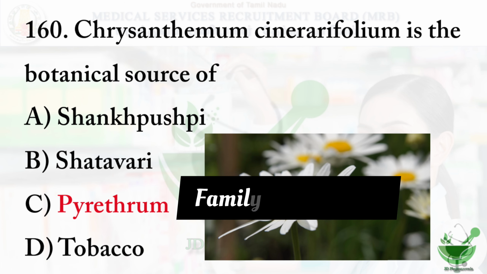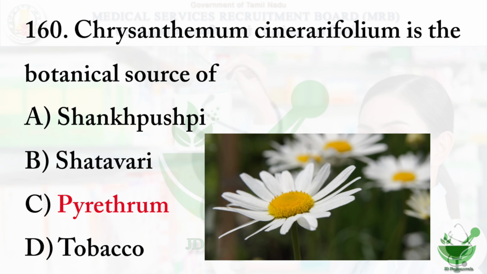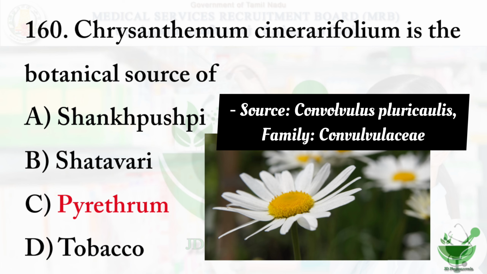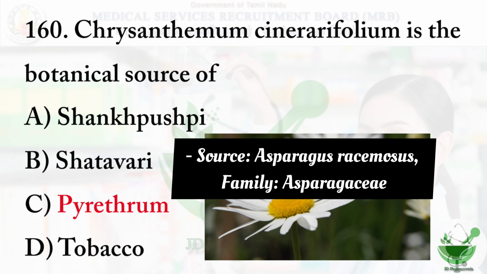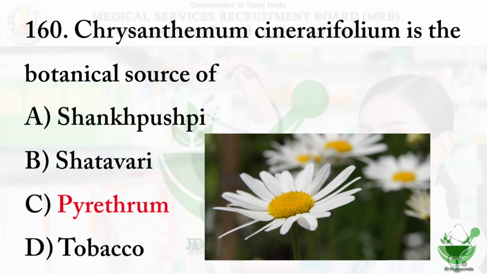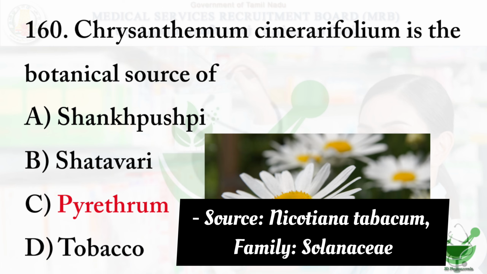And for shankhpushpi, its botanical source is Convolvulus pluricaulis, and its family is Convolvulaceae. And for shatavari, its botanical source is Asparagus racemosus, its family is Asparagaceae. Then for tobacco, its botanical source is Nicotiana tabacum, and its family is Solanaceae.